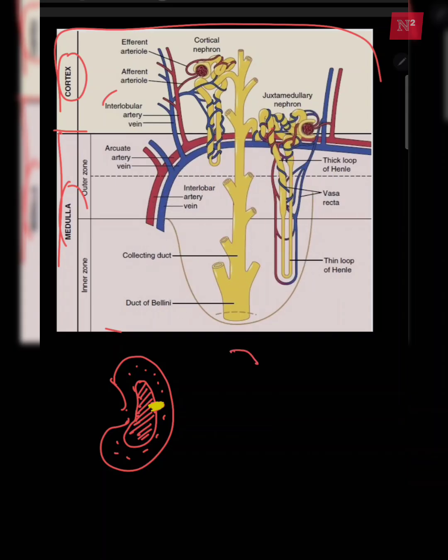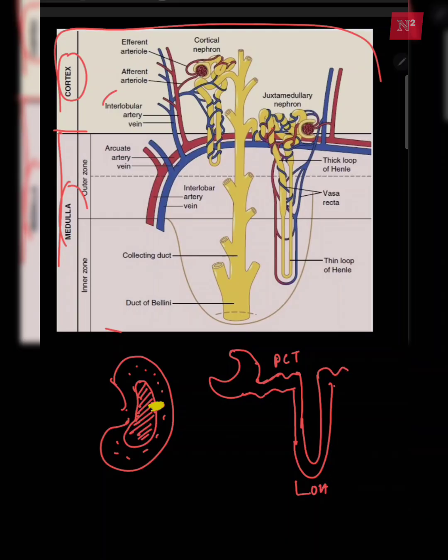The part which is cup shaped is called the Bowman's capsule. Attached to that is the proximal convoluted tubule. Then we have the loop of Henle, which is a hairpin loop, then the distal convoluted tubule, and then the collecting duct.